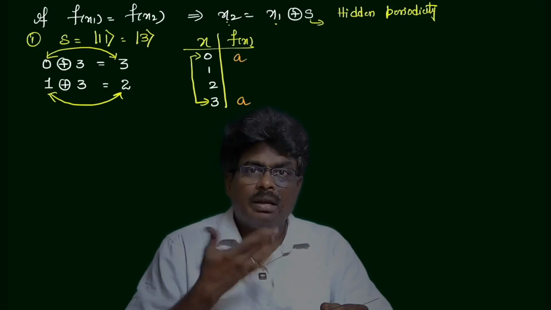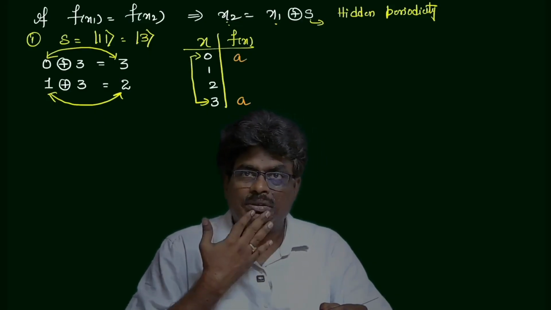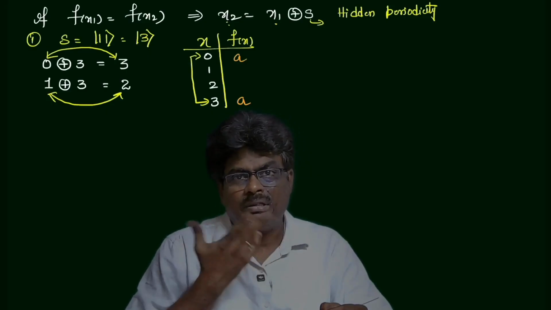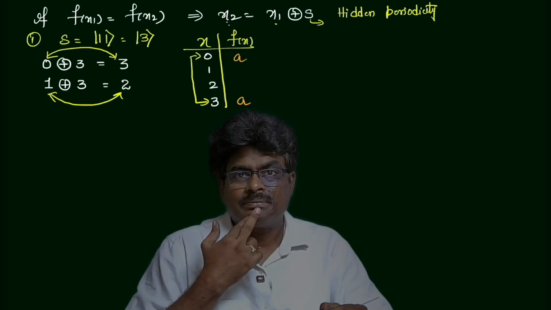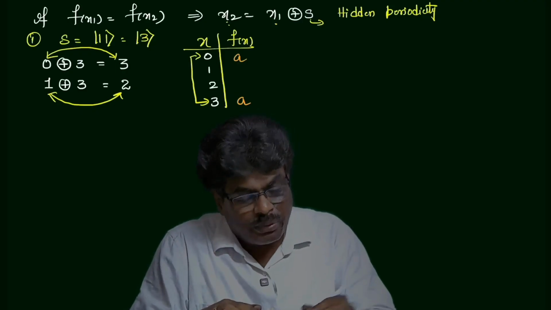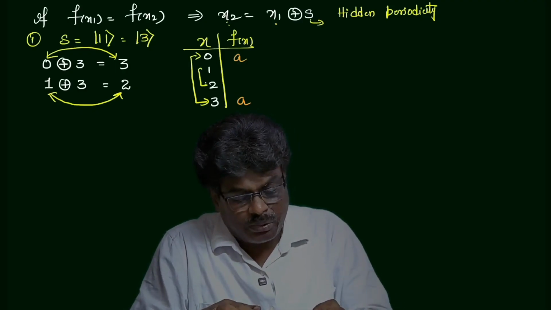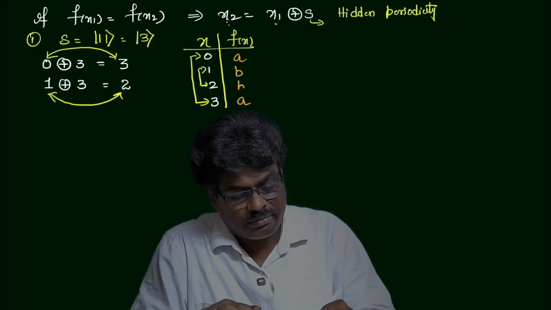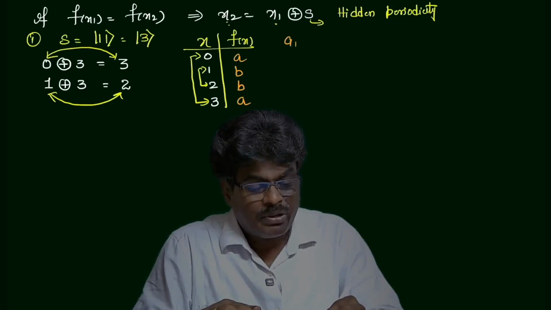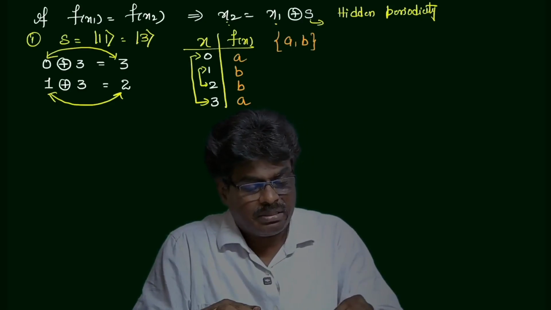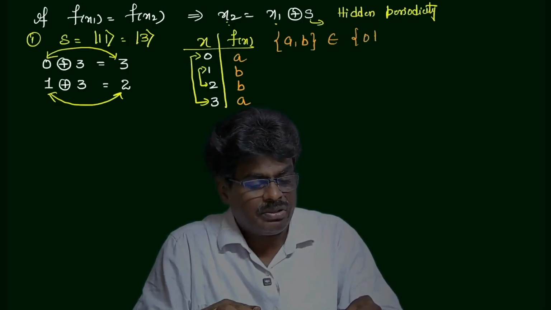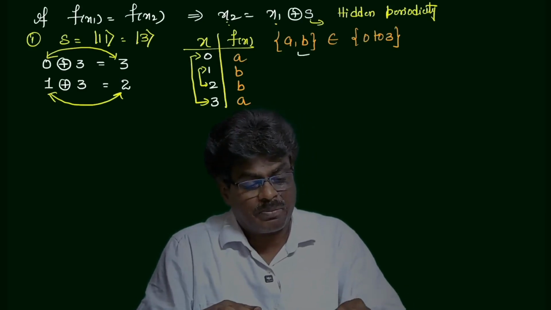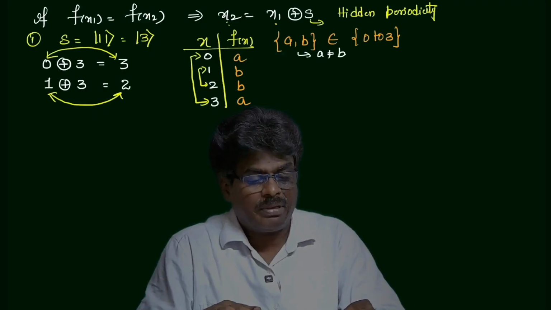Of course, a belongs to 0, 1, 2, 3 only, because you have taken 2 qubits. It may be 0, 1, 2, or 3. And 1 and 2 have the same output, let it be some b. Remember, no need to bother about this a and b. They belong again to 0 to 3, but they are distinct, that is most important. a can never be equal to b.